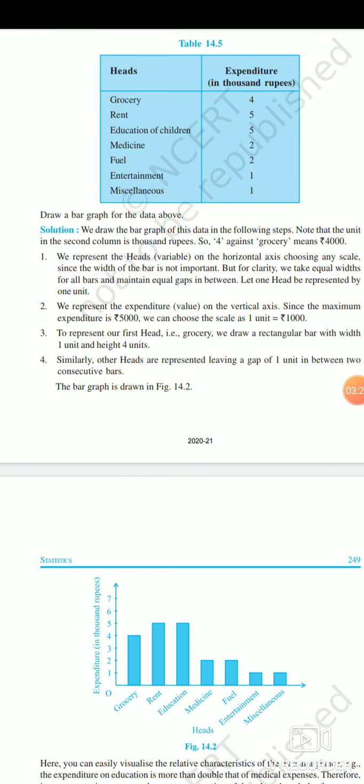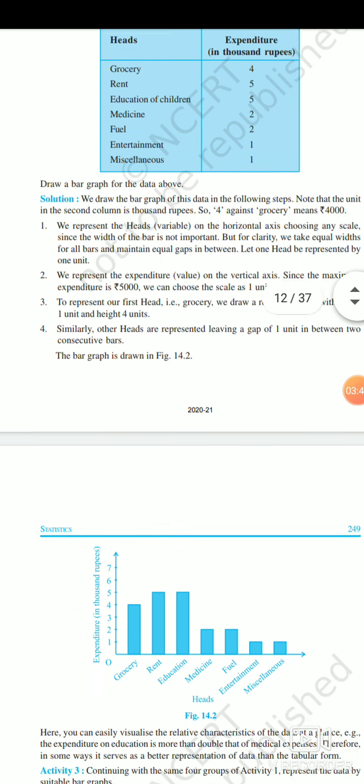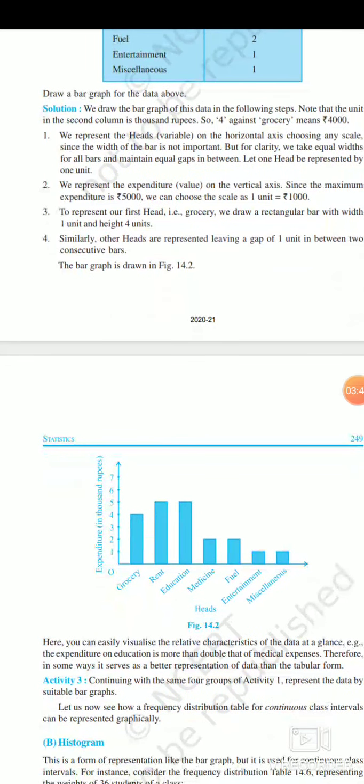We are going to draw the graph to represent the expenditures on the y-axis. Here the maximum number is 5, so next 5, up to 6 or 7, you need to write on the y-axis. For 1 centimeter on the y-axis, we give 1000 rupees, so 1 unit equals 1000 rupees. This you need to mention, and on the x-axis you can mention the heads.